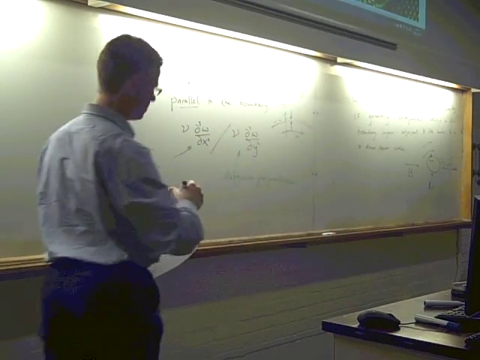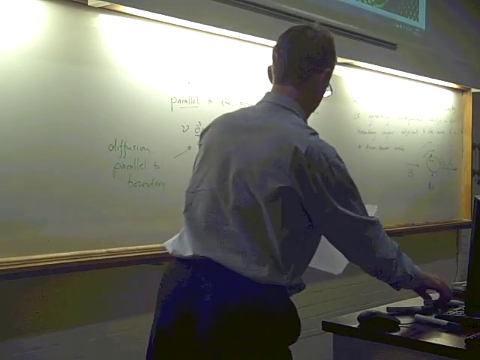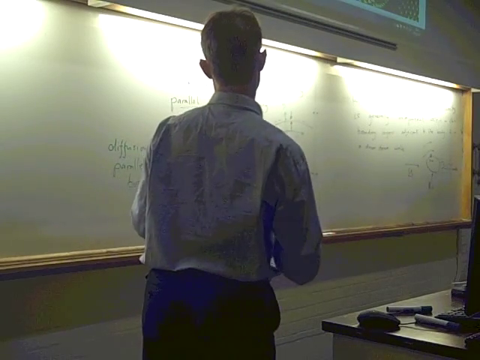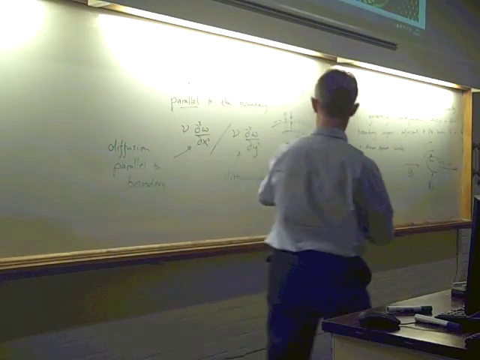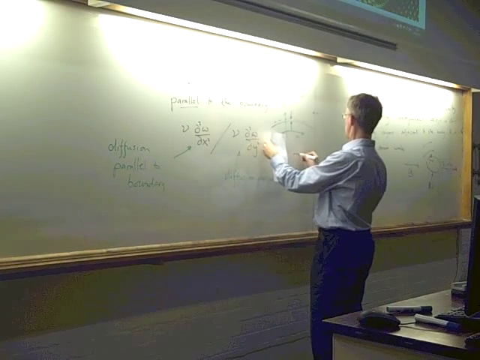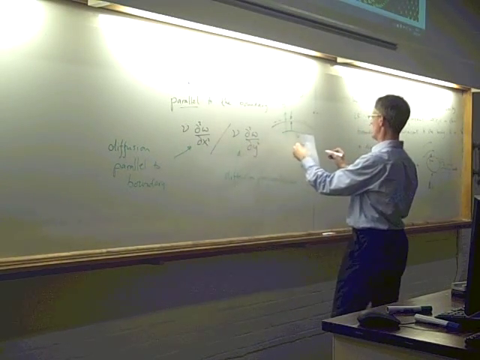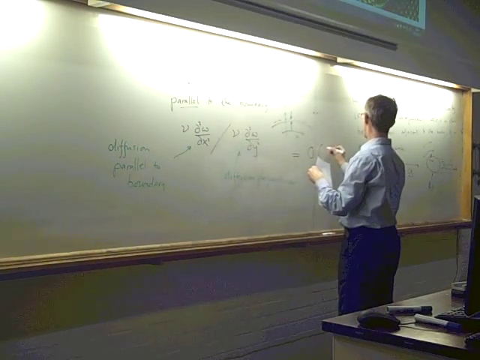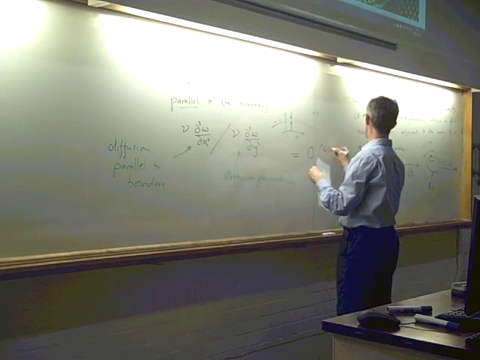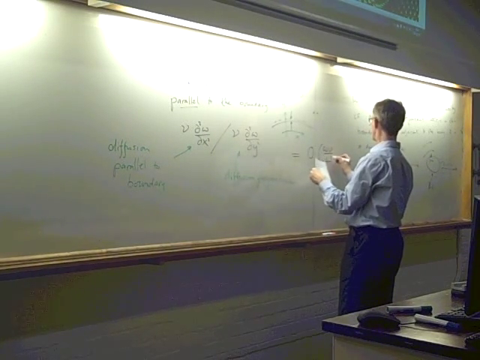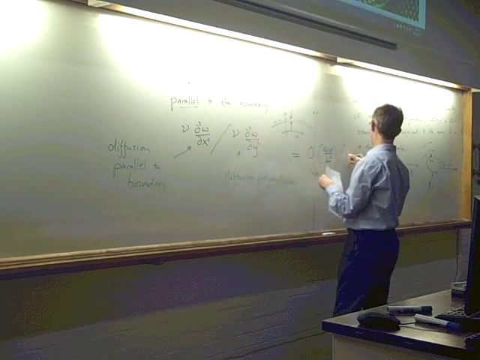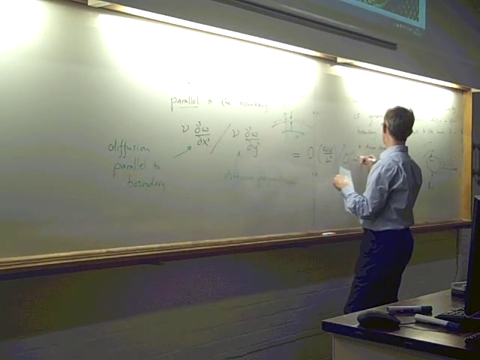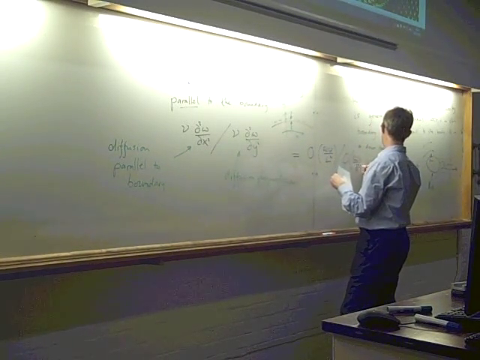And if we compare the terms, this is of the order of omega times mu over L squared, divided by order of omega times mu over delta squared.